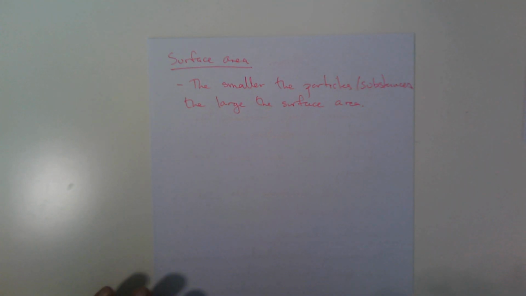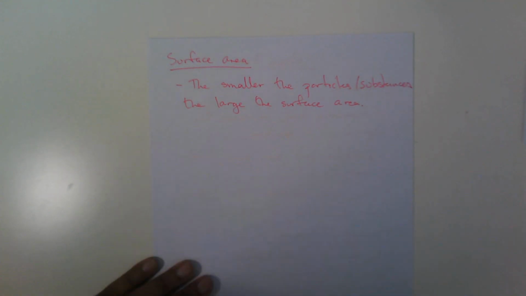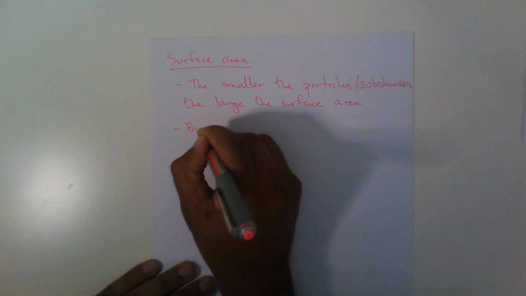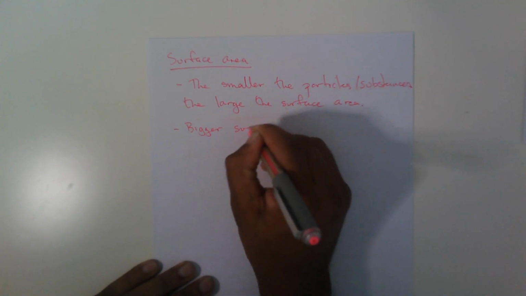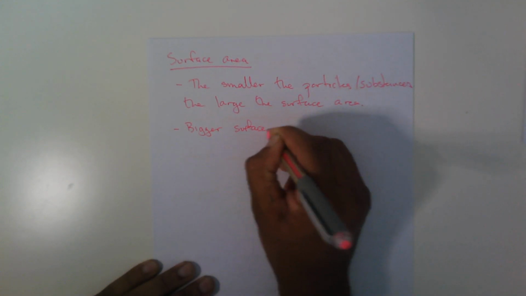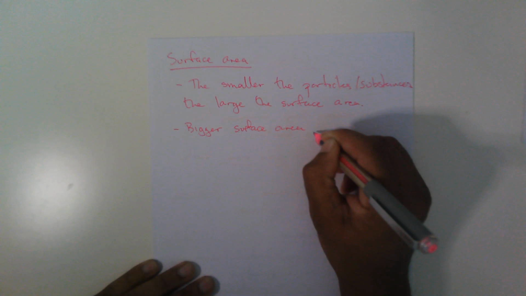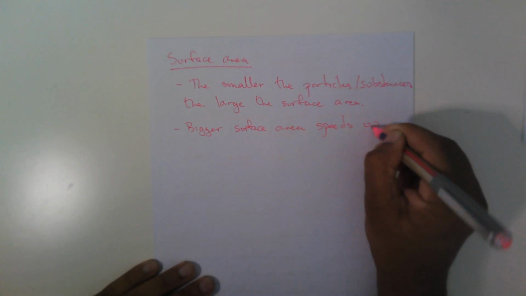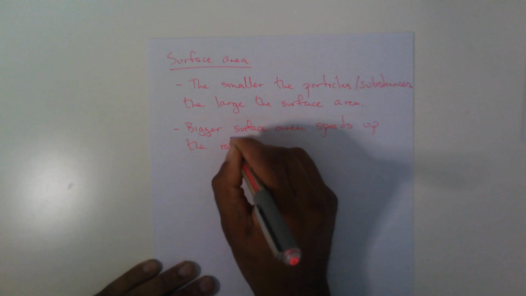So the smaller the substance, the larger the surface area. So that's the first thing that you need to get your head around. And then just recognizing that bigger surface area speeds up the rate of reaction.